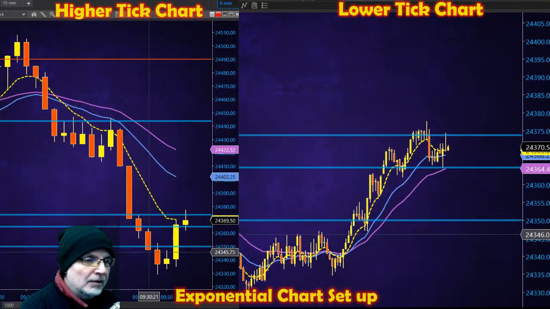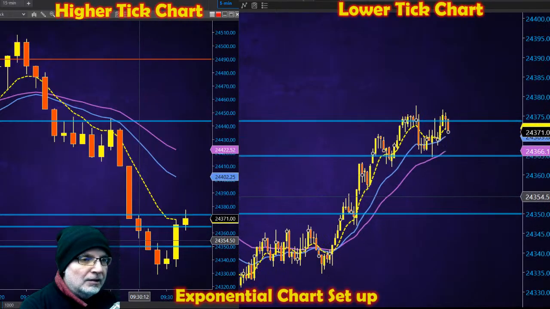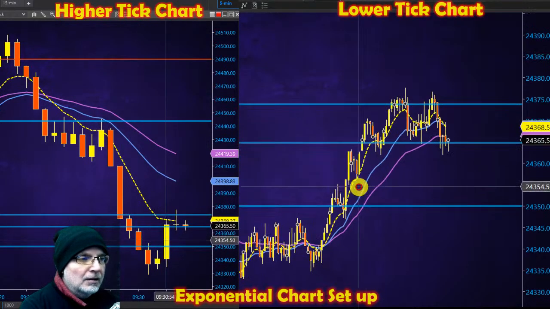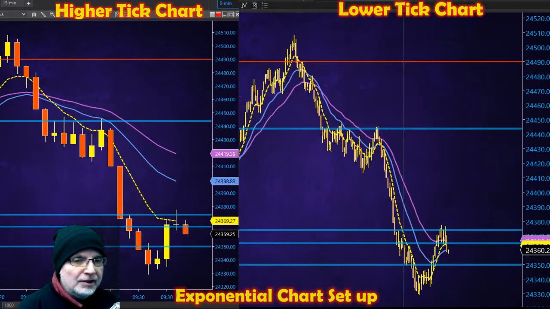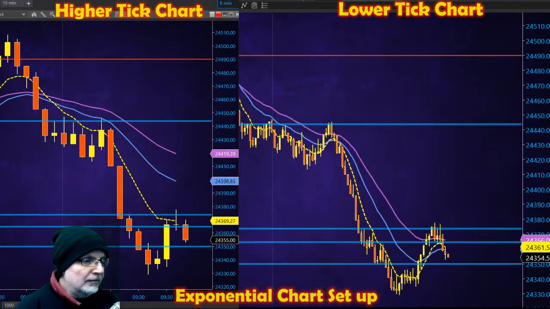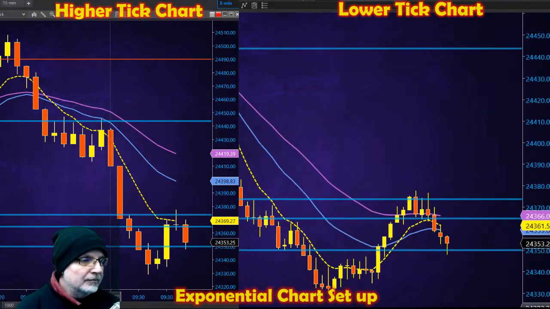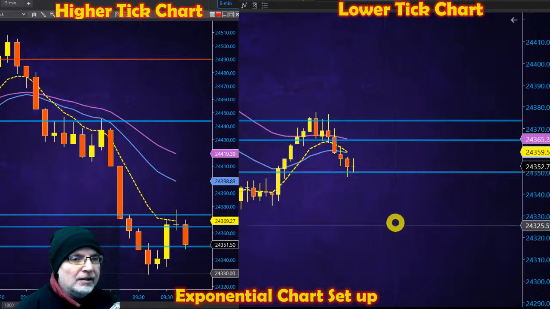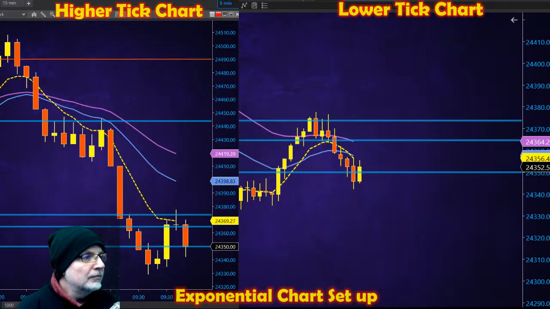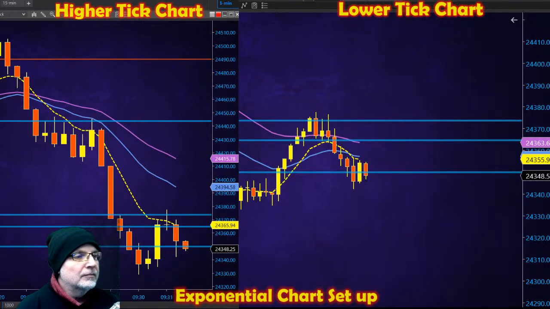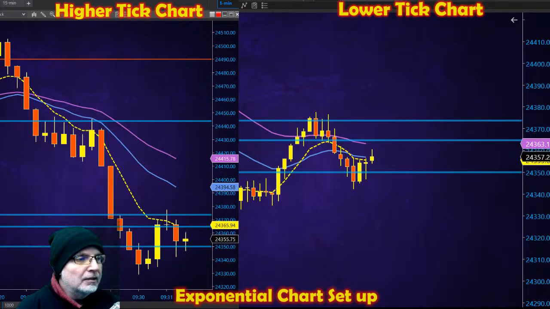So let's get over to the 500 tick chart here real quick. This is where you need to think about taking that short. Right here on this green bar ignored, hopefully.